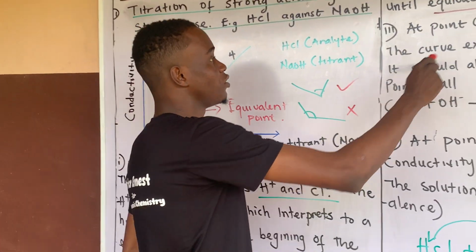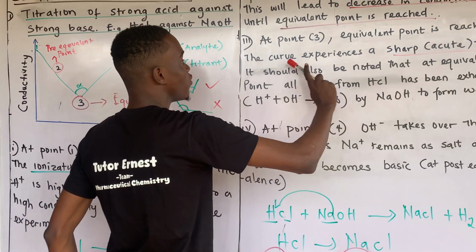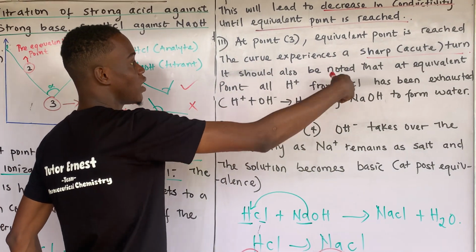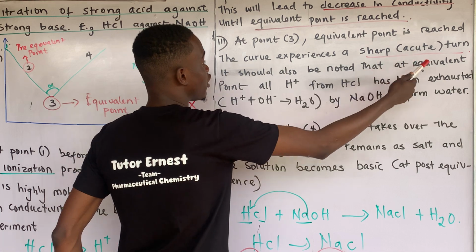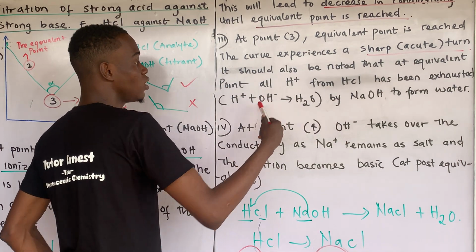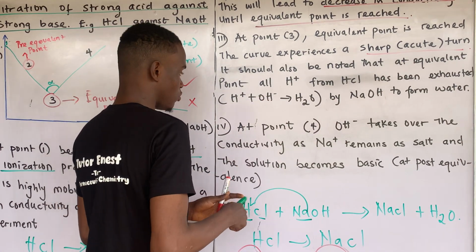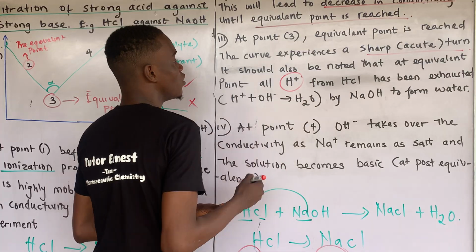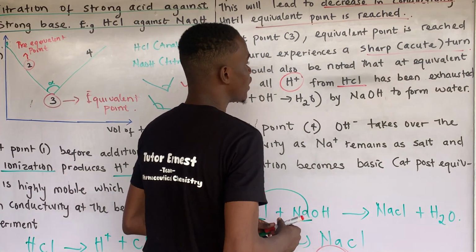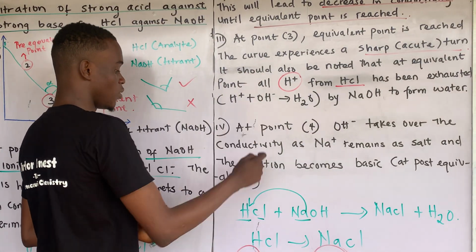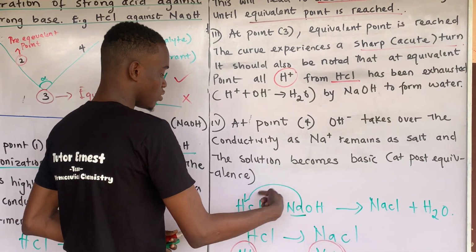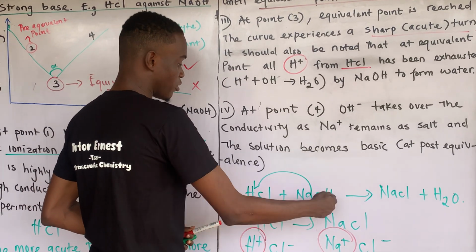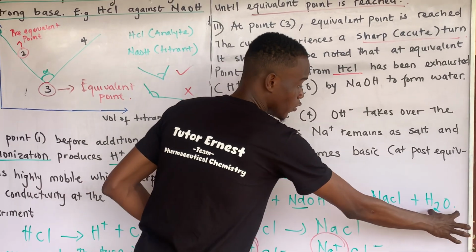So at theory, the equivalence point is reached. The curve experiences a sharp, acute turn, as we've talked about. It should also be noted that at the equivalence point, all the hydrogen ion from HCl has been exhausted. Remember, we've done the equation. This replaces this, then the hydrogen ion reacts with hydroxide ion to form water.